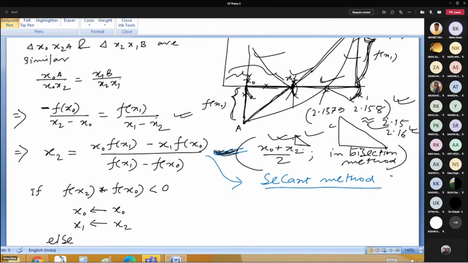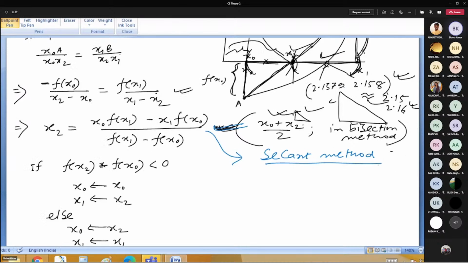I will not compare. Simply, with the help of x0 and x1, x2 is the updated point. After getting x2, with the help of x1 and x2, I will get the next updated point. Step by step, I will continue the iteration process.